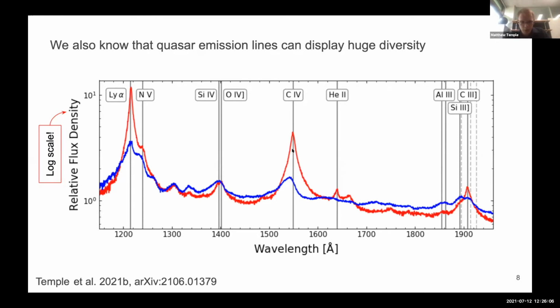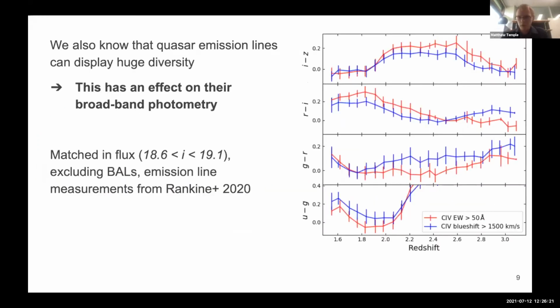We can see that this correlates with changes in other emission lines, especially in Lyman alpha. Again, this is a log scale on the y-axis, so we've got huge changes in the amount of flux in these lines. The question is, why should we care about this? The answer is because this has an effect on the broadband photometry.